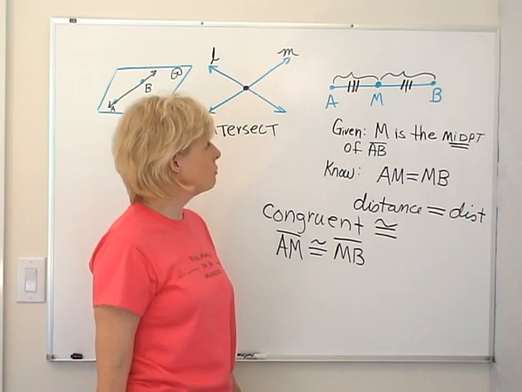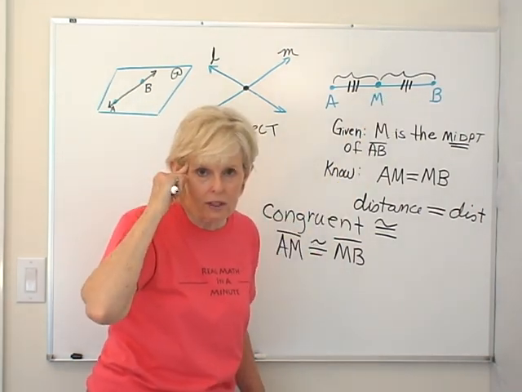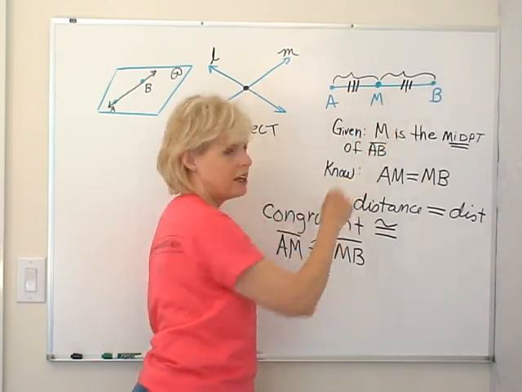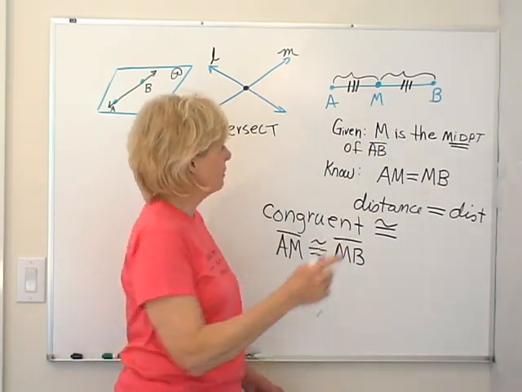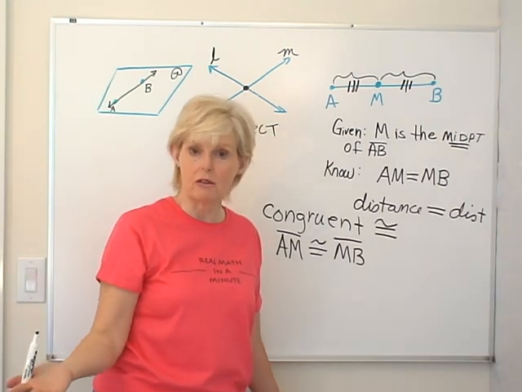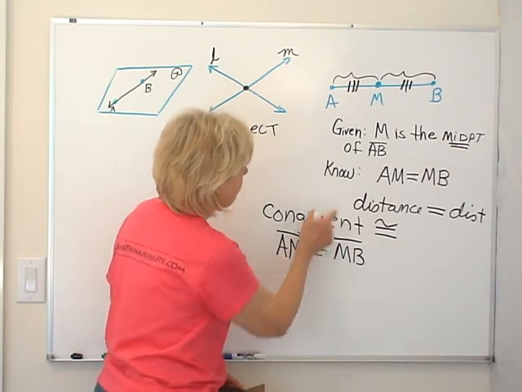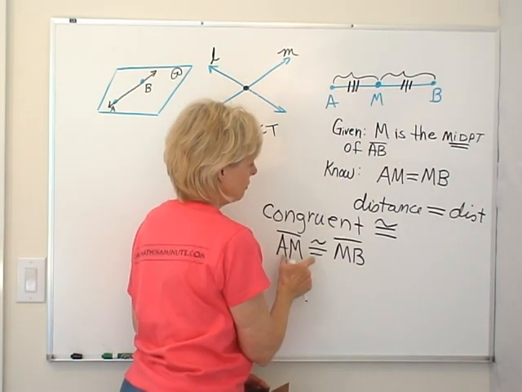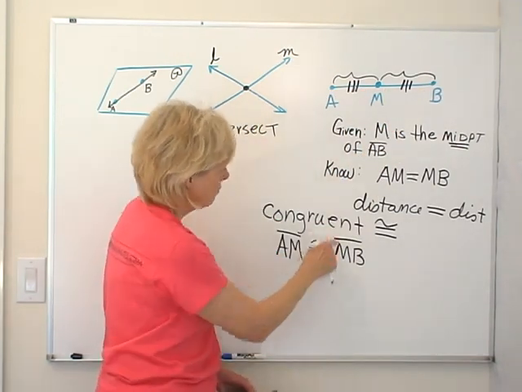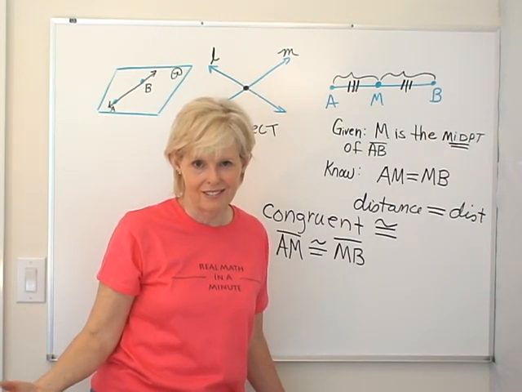But what I want you to understand is M is a midpoint. Just think, it's in the middle, then that equals that. That's distances. That distance equals that distance. That's what the definition of midpoint tells us. And then, therefore, that segment is congruent to that segment because of the definition of congruent, because things are congruent if they have the same measure.